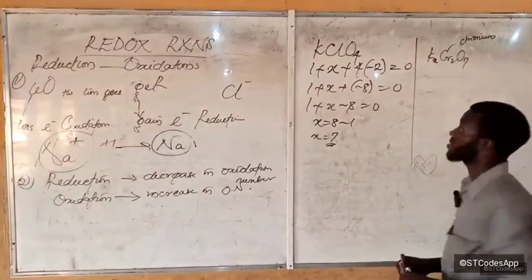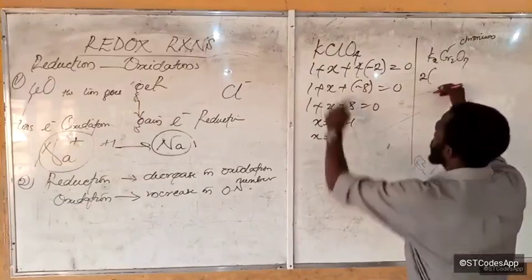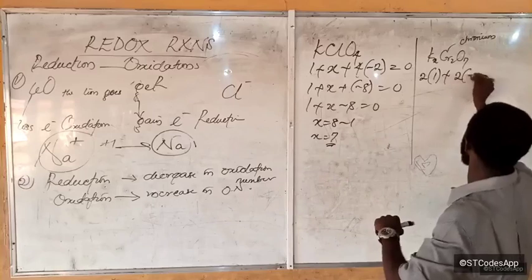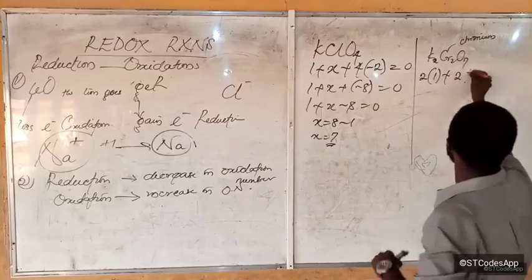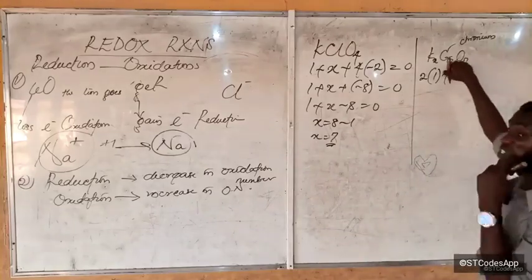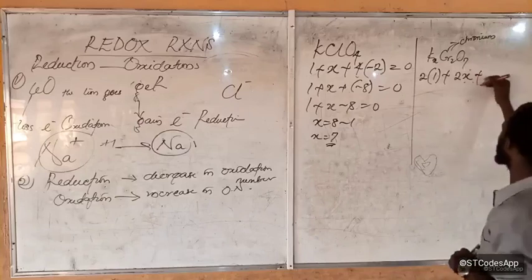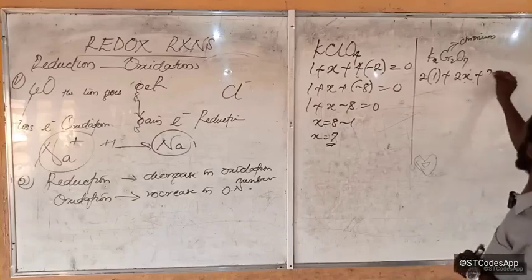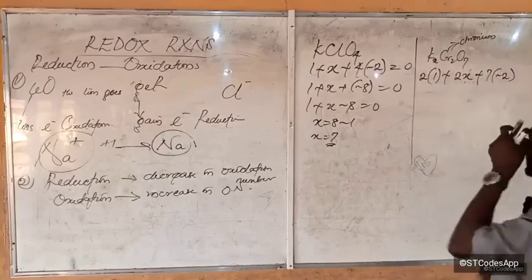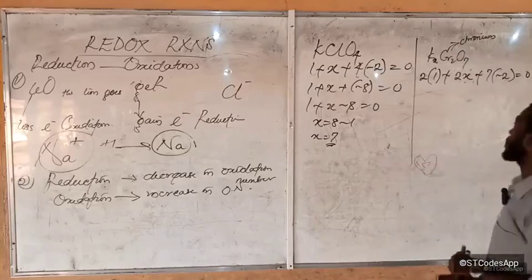K2Cr2O7 is going to become this. We're going to have 2 times the oxidation number of potassium, as we did here, 1, that is 2 into bracket 1. What we are looking for is chromium, right? 2 into bracket X, that is 2X, because it carries 2 here, 2 times whatever the oxidation number is, which is what we're looking for. Is that okay? Plus O7, that is 7 into bracket -2, which is the oxidation number of oxygen.